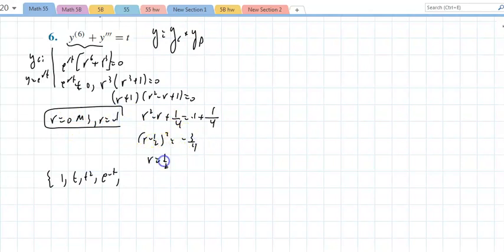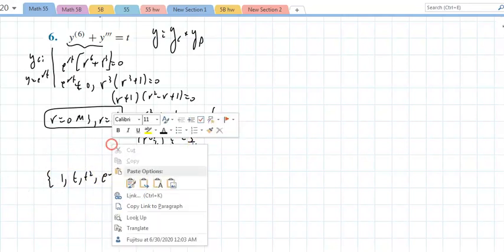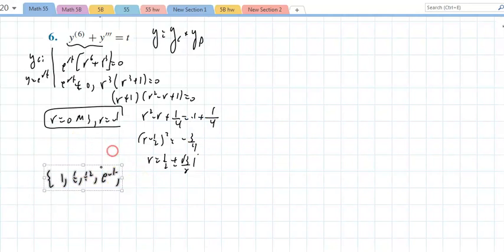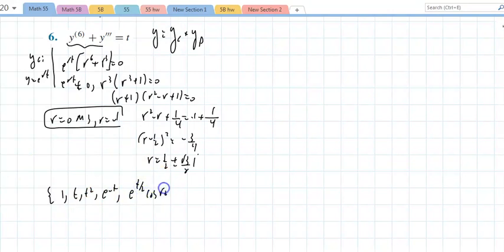So r equal 1/2 plus or minus radical 3 over square root of 4 is 2i. So that's going to yield a nice solution. That's going to yield e to the t over 2 cosine of radical 3 over 2t and e to the t over 2 sine of radical 3 over 2t. That will form the fundamental set.